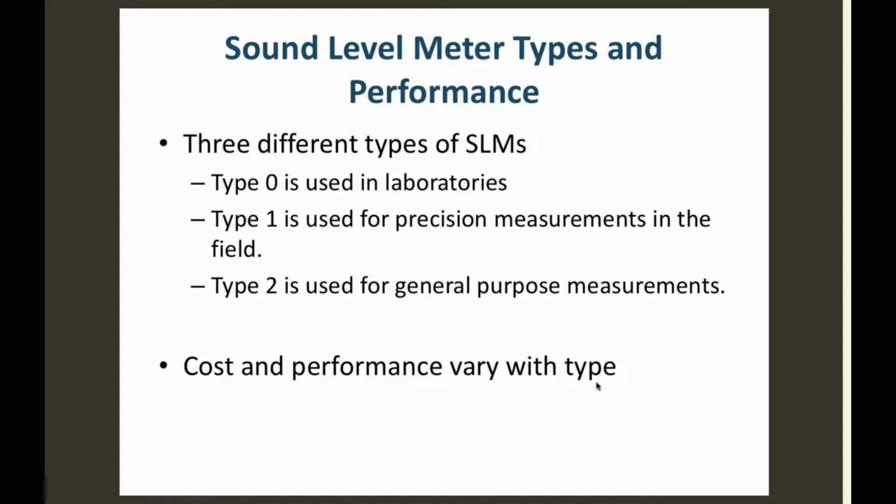Excuse me? We're going to talk about that in a second. Type 1, Type 2, and Type 3. The most accurate of these instruments is a Type 1. They're super expensive. You'd only really use them in laboratories, for instance, for calibrating other instrumentation, for testing sound protection devices, and for determining what the noise reduction rating is on a product like earmuffs.